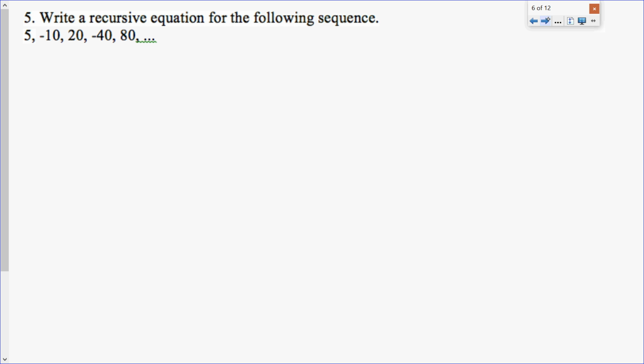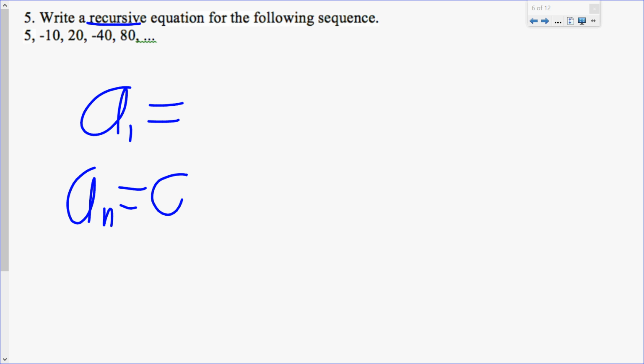Okay, now that you tried number 5 on your own, it's asking for a recursive equation. Recursive a1 equals, an equals an minus 1. a1 is 5. What's my pattern here? I am multiplying by negative 2.